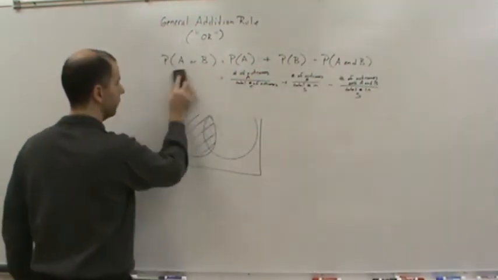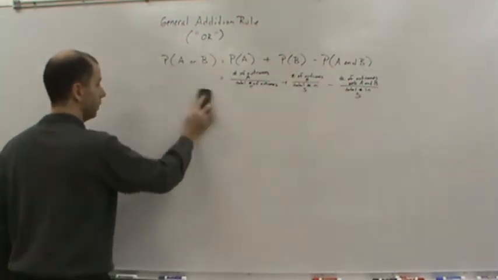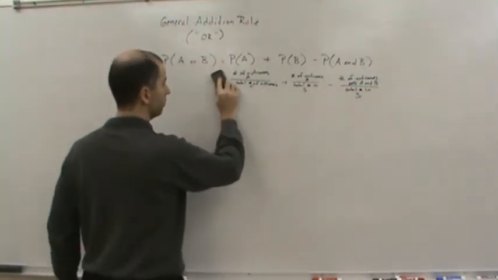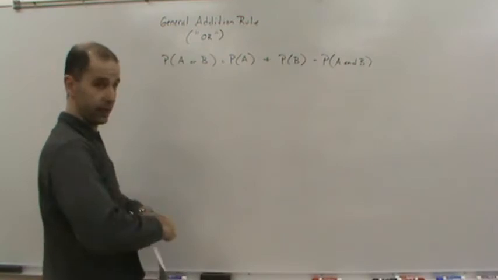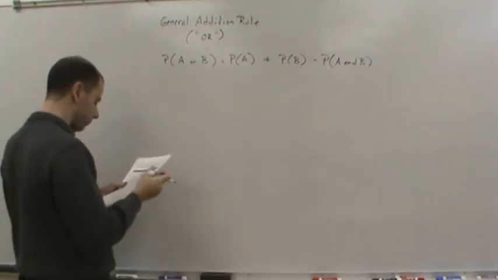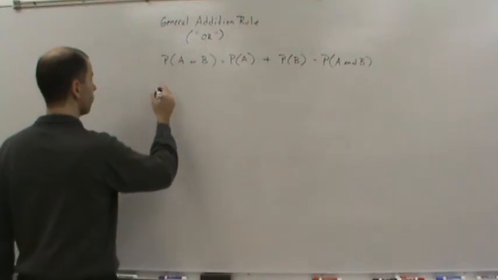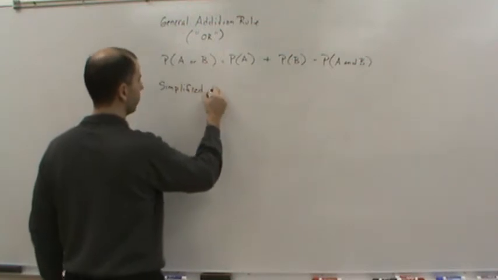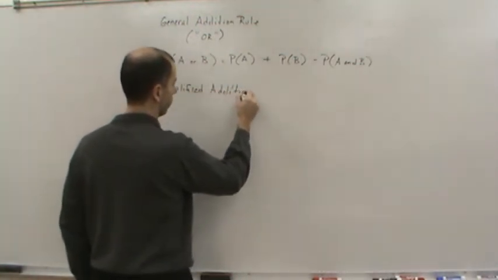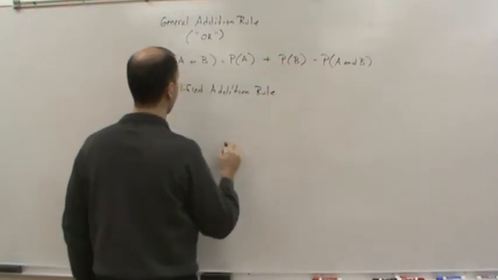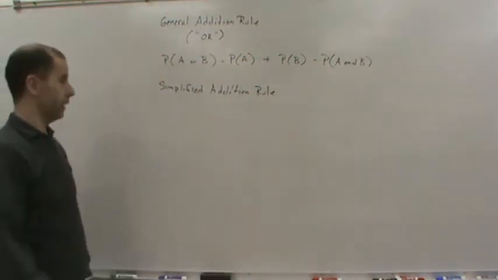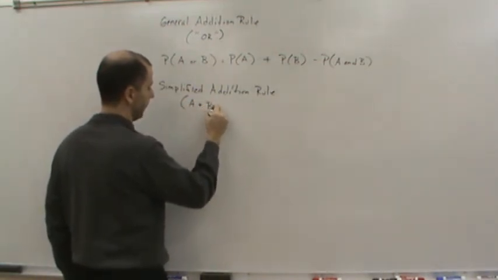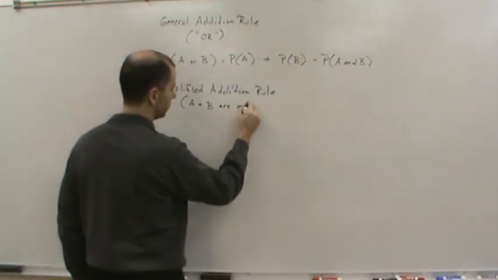So what is the general multiplication rule? Or excuse me, the simplified addition rule. Well, the simplified addition rule uses the fact that A and B are mutually exclusive.